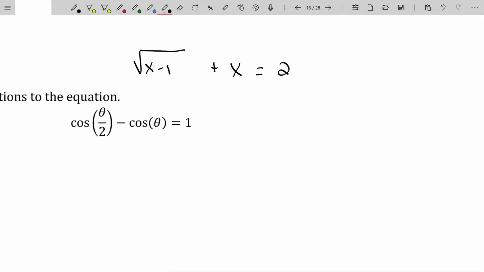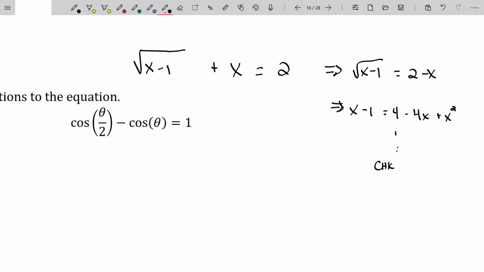So you'd say, oh, that implies square root of x minus 1 is equal to 2 minus x, and then you square both sides. Yeah, x minus 1 is equal to 4 minus 4x plus x squared, and then you continue forward. Dot, dot, dot. I just made that up, so there's probably no solution, but whatever. So you go through and you try to solve that. In the end, because you squared, you check your work.